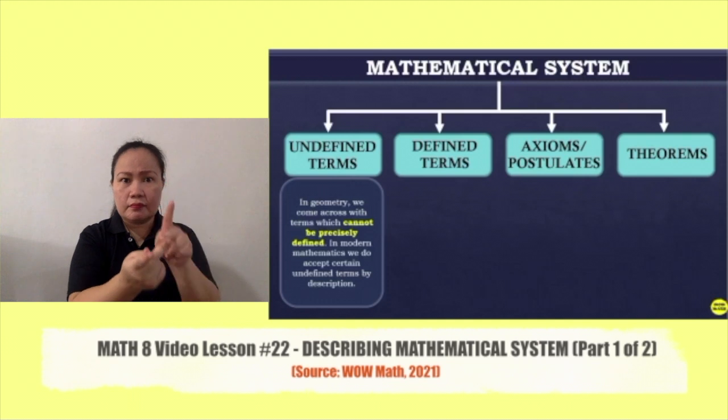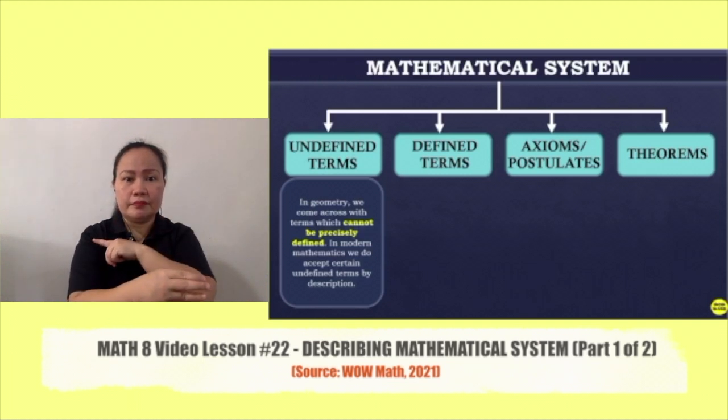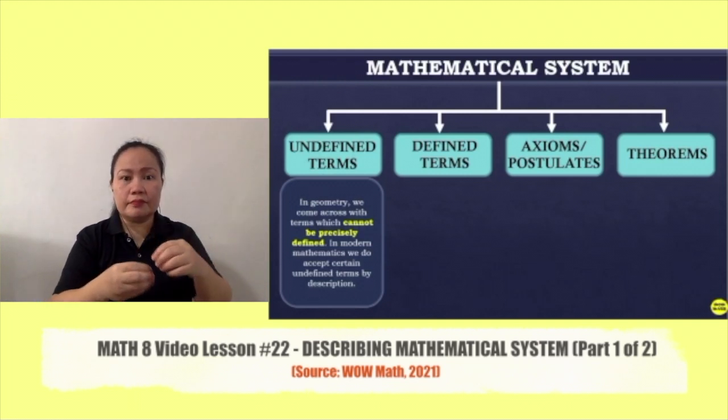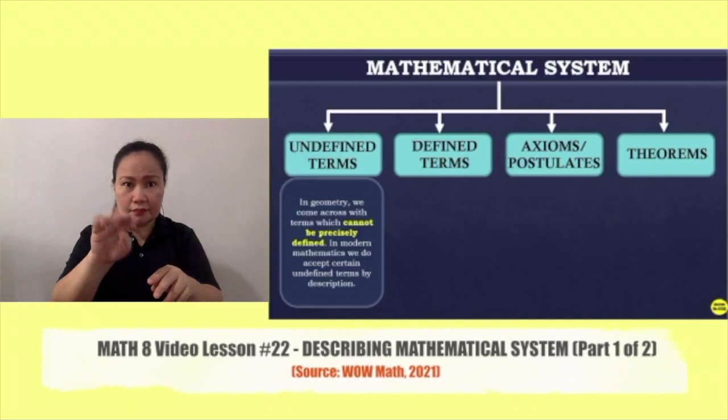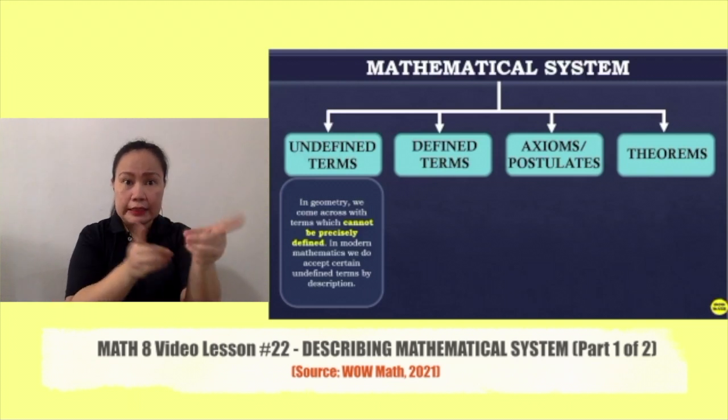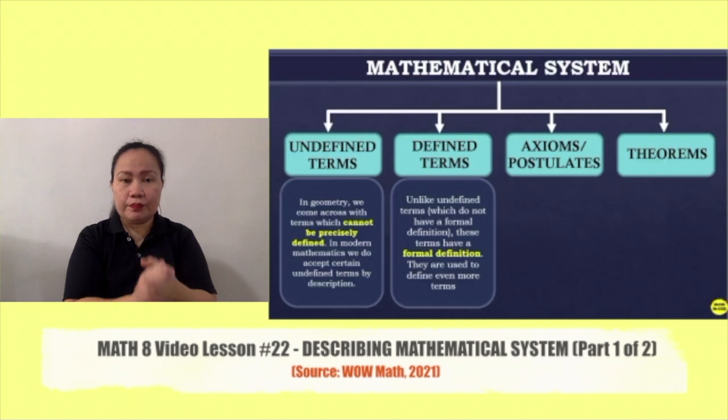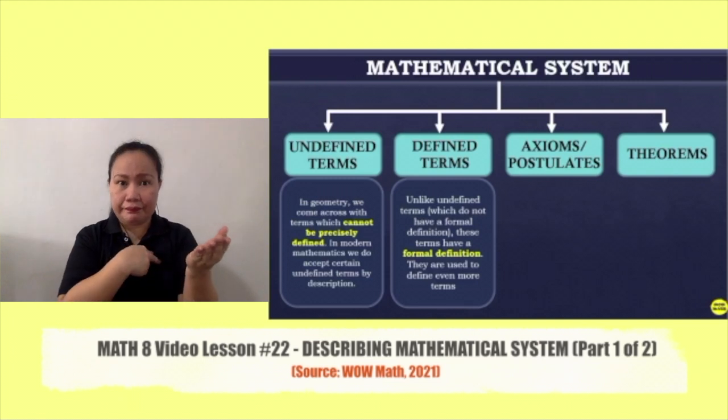In modern mathematics, we do accept certain undefined terms by description. So, ito yung undefined terms na we cannot have the exact definition of these terms.